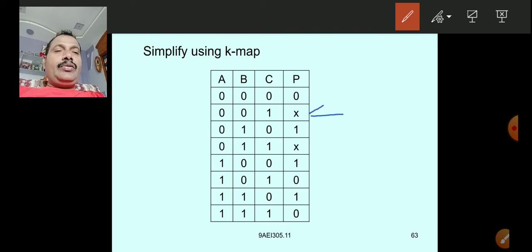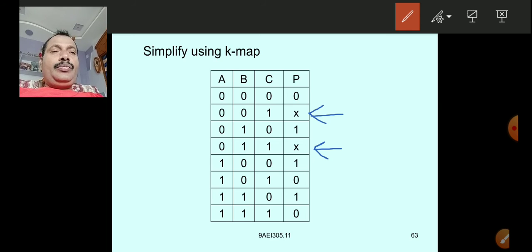Here don't care means the output may be taken as 0 or 1, whatever it may be. It can be 0 or 1, don't care. That is the meaning of the don't care. Next, for 011 also the output is don't care.